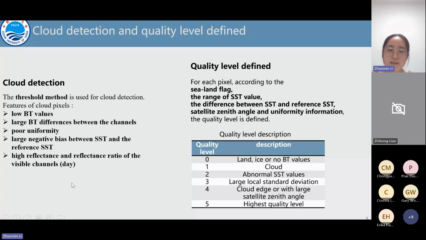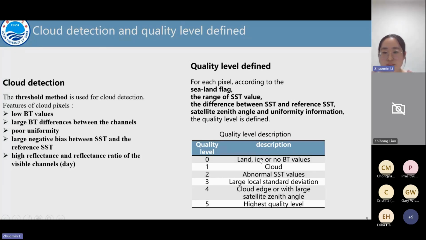And we use these parameters to judge the cloud pixels. And then for each pixel, according to the cloud flag, the range of the SST value, the difference between SST and reference SST, satellite zenith angle, and the uniformity information, the quality level is defined.